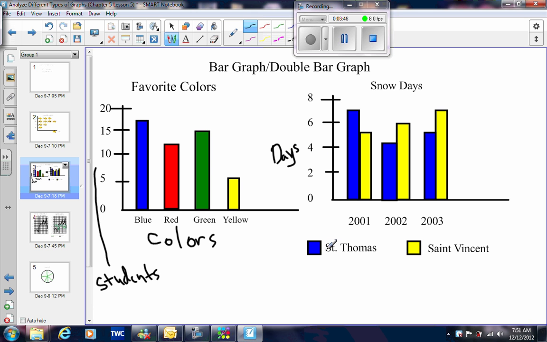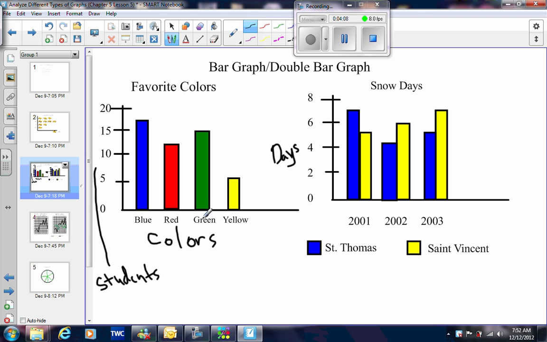All right, you notice that when you make a double bar graph, those bars are touching one another. They're right next to each other, and then there's a space in between the next group. So a double bar graph will have that, where you can compare two different schools, in this case, right in the same graph.